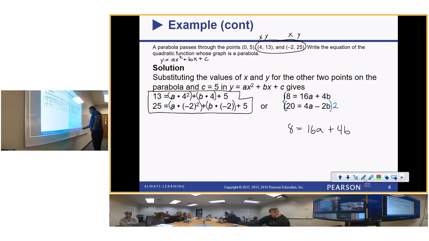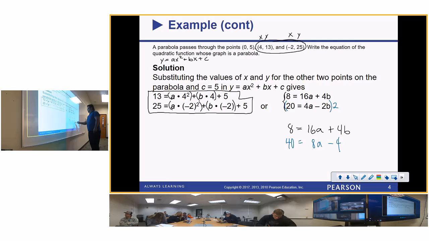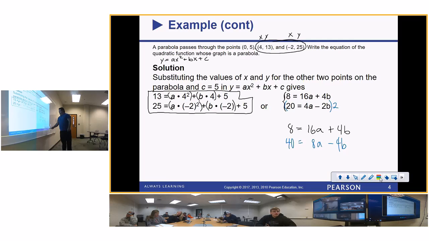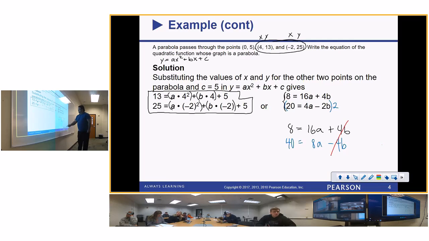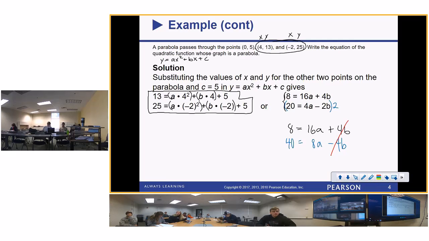And then I'll do it in blue because I'm trying to be animated with y'all. 40 is equal to 8A minus 4B. And what happens to the B's? They cancel. And now you're able to finish it.